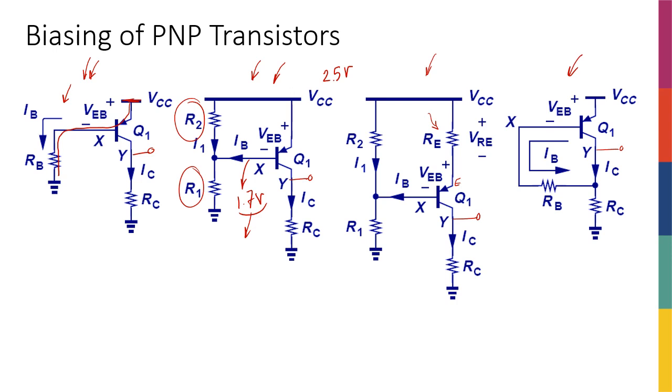The emitter has a higher voltage than the base and collector, and whatever we have talked about the differences between PNP and NPN transistors applies. But other than that, the ideas for the biasings are exactly the same. If you want to see more circuits with PNP, examples 515 to 518 of the textbook are about these kinds of circuits.